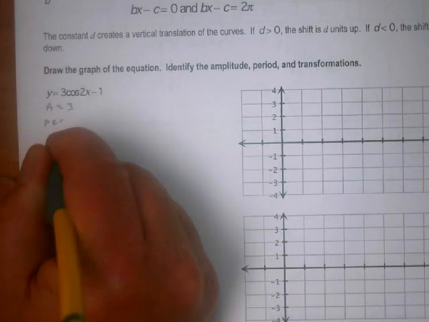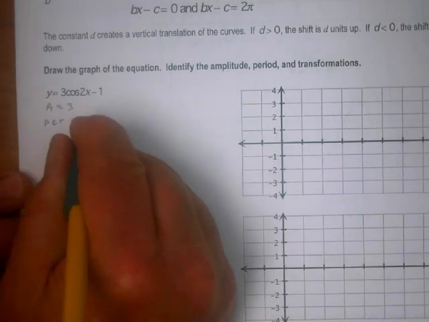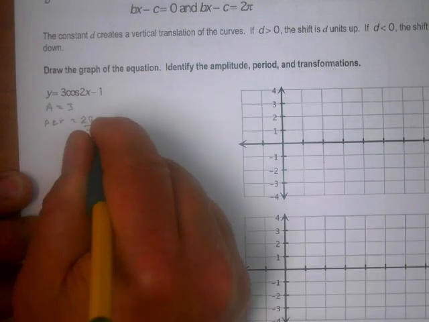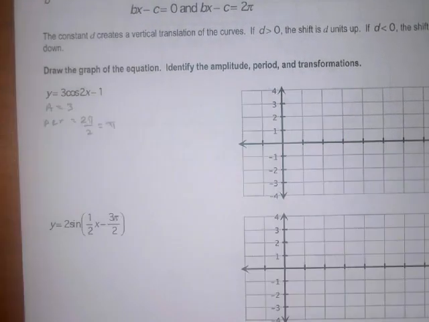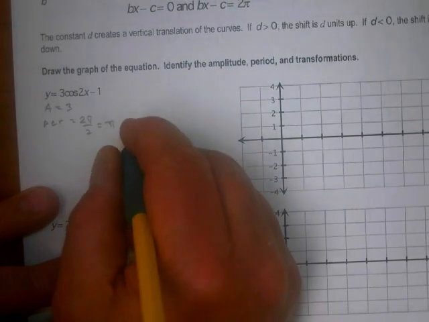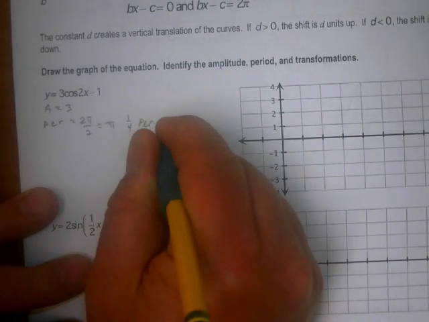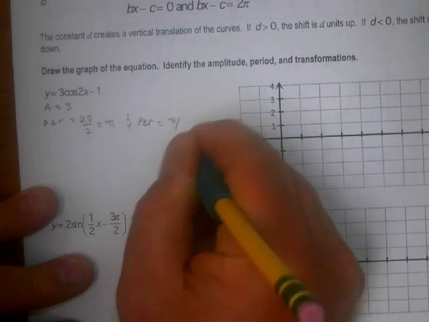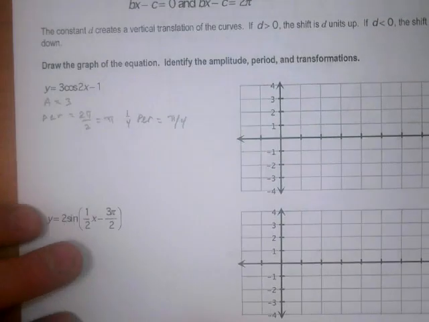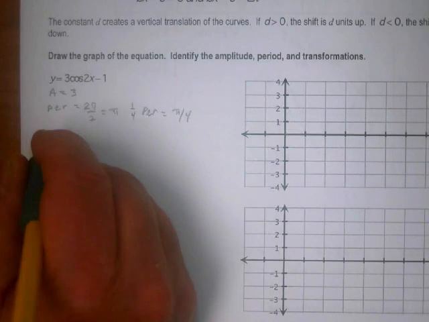A, or amplitude, equals 3. Period equals 2 pi over 2, which is pi. Quarter period equals pi over 4.